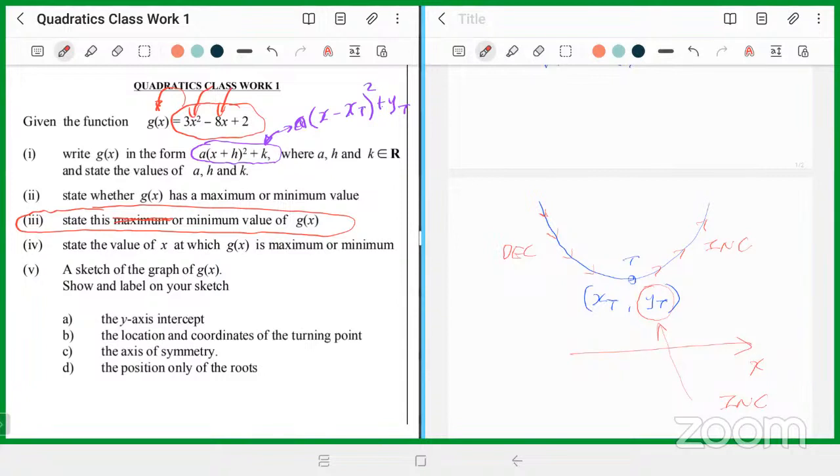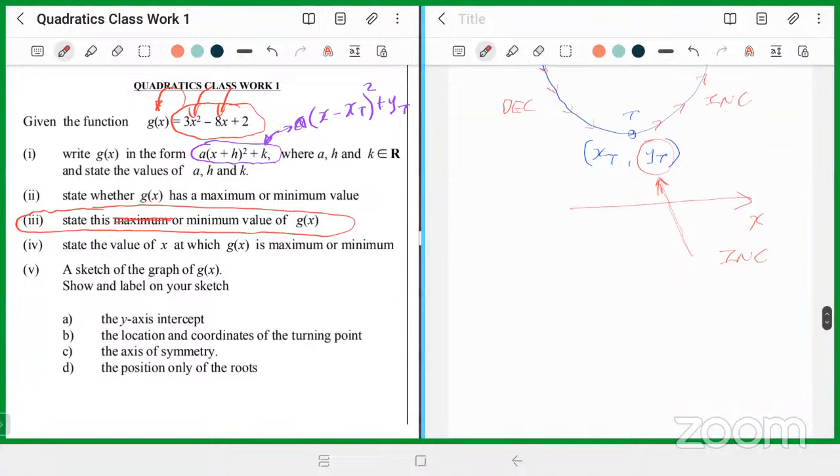And that value is called the minimum value of the function. So when the question asks you for the minimum value of the function, the minimum value of Y, or the minimum value of g of x, they are talking about the Y value at the turning point. That is the lowest value on the graph when it has a smile shape.